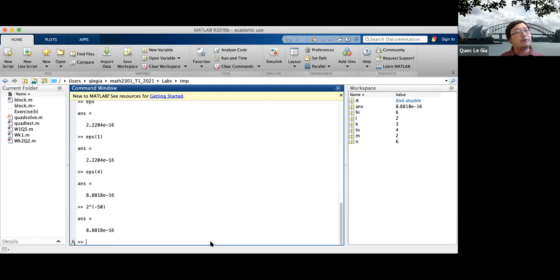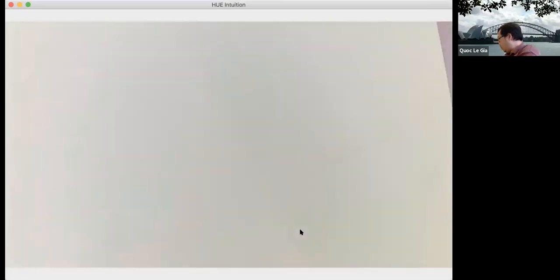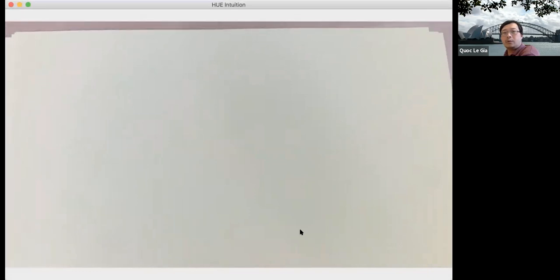Okay, so now we have time to do one more question. So number 5, related to the lab yesterday. So remember, we have catastrophic cancellation if you have two real numbers very close to each other.